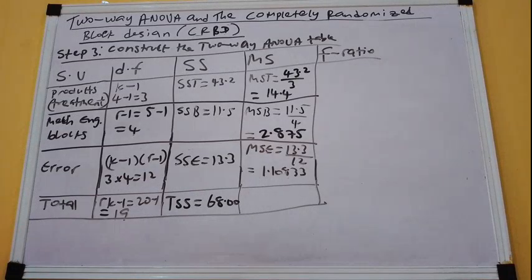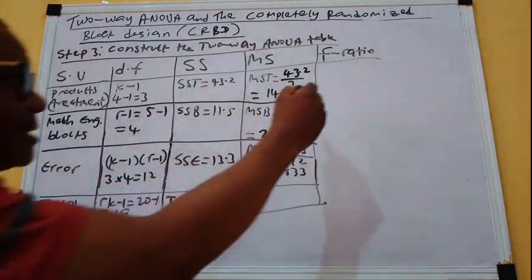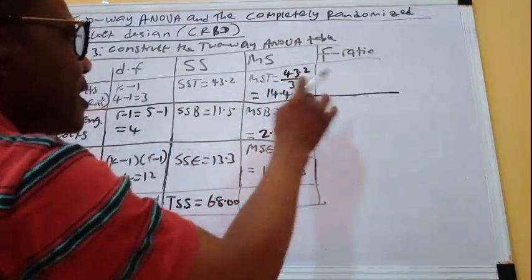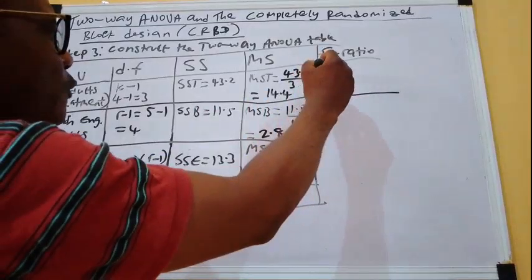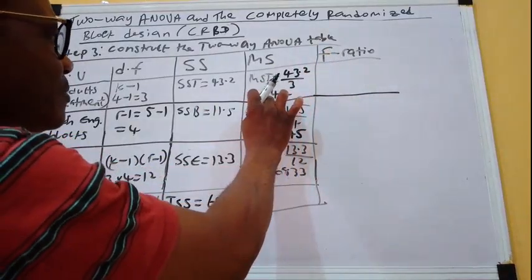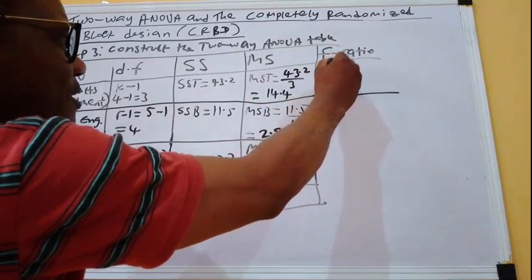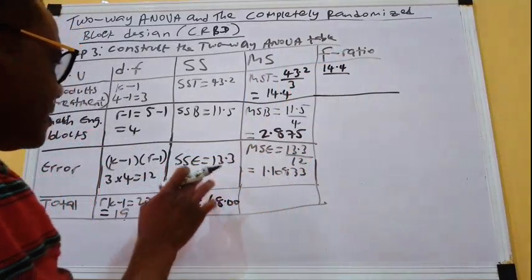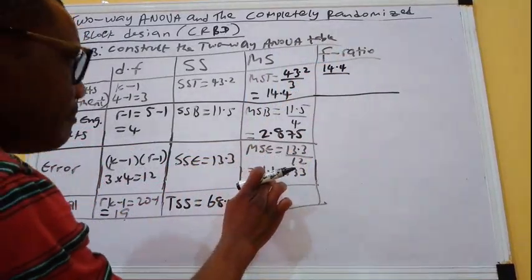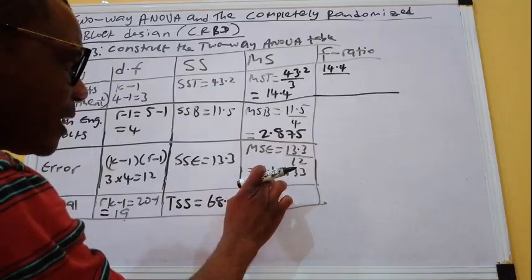So let's see what we have here now. For treatment, the F ratio for treatment will be the value that we have here, 14.4 all over the mean sum of square for error. That's what we use.